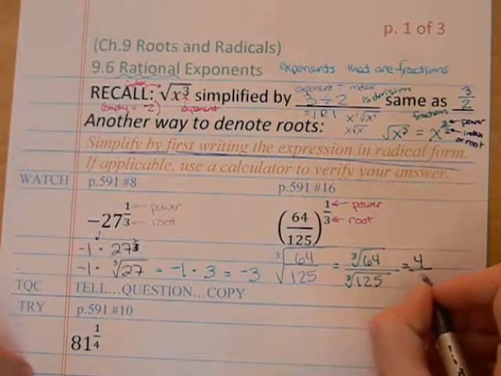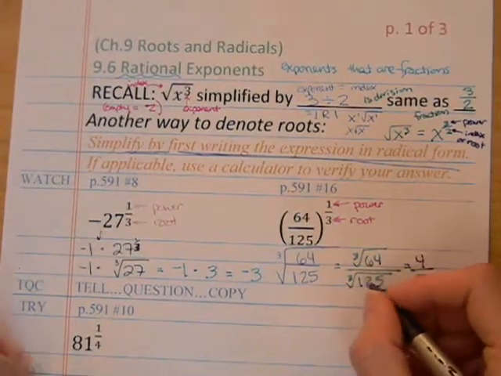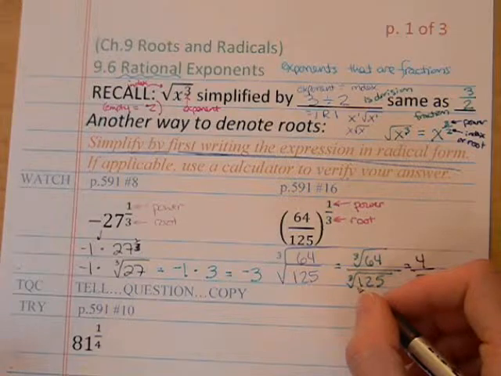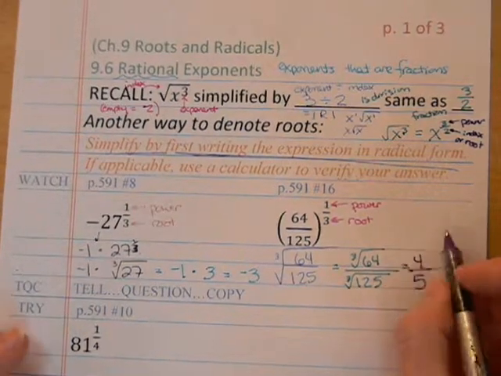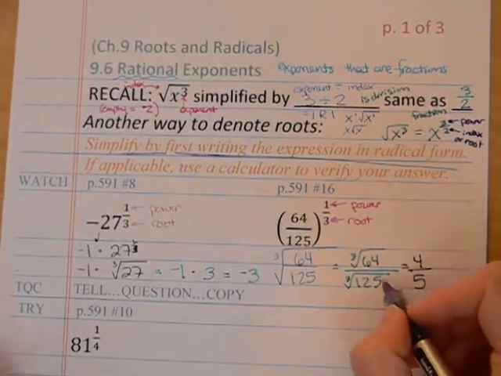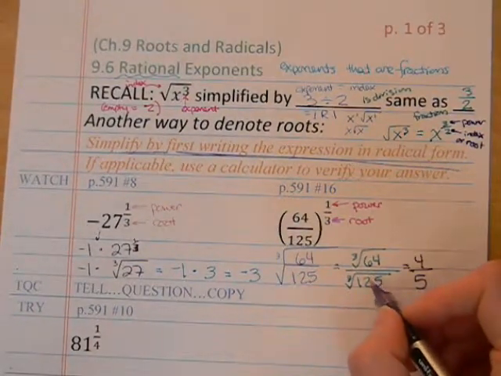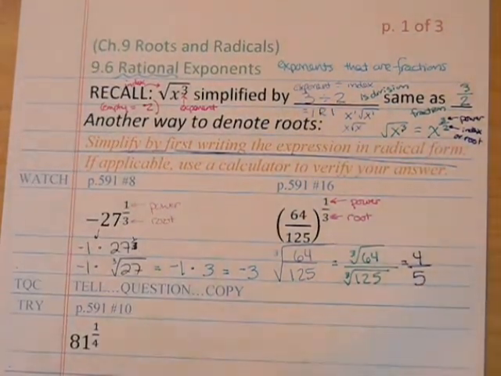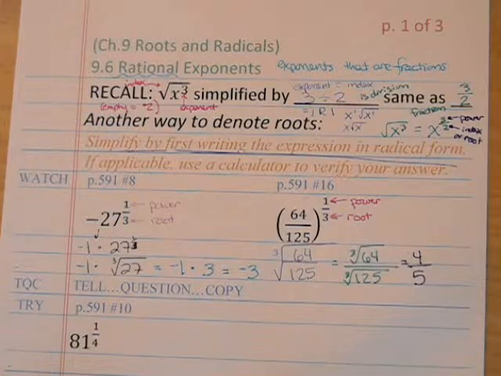For those of you that this stumps, you need to go back earlier in chapter 9, and there's a little study tip box on one of the pages that will help you get familiar with these cubes and the fourth roots and fifth roots, some of the more common ones. You want to be able to recognize these. That means you need to memorize them to be able to recognize them. Do it.